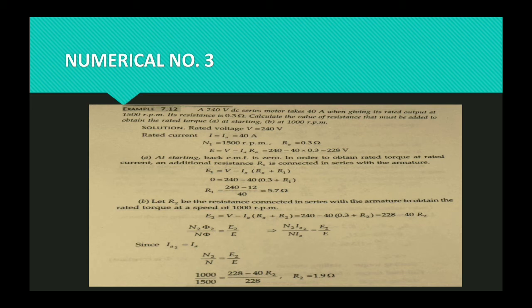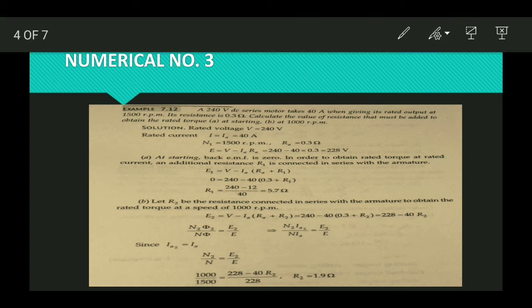The value of E2 is 228 minus 40 into R2, divided by 228, which is the value of E, 228 volt. So R2 equals 1.9 ohm. From there we find the value of R2, that is 1.9 ohm.